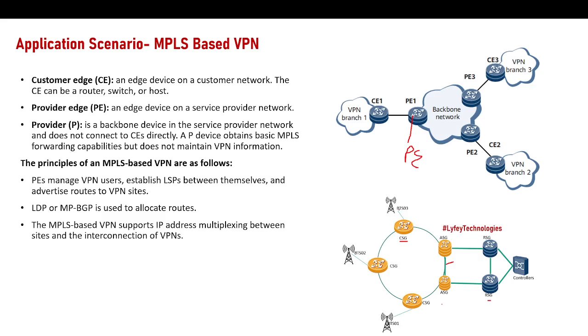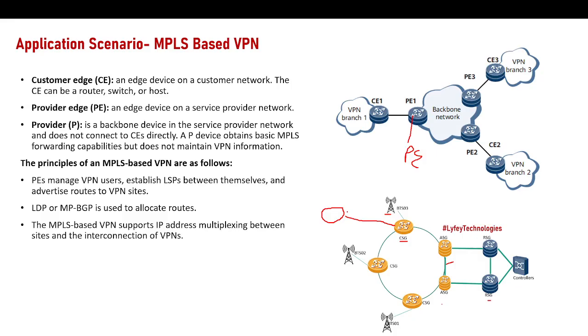Remember, they are the ones that are connecting to different customer edge devices. This device is connecting to a BTS. A BTS is a customer edge device. We could have an enterprise customer here connecting to this CSG. This is still a CE. So all the devices on the IPRAN network we can view as the PE if they are connecting to any customer.